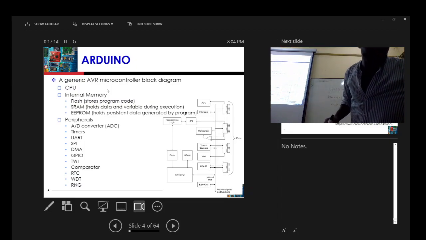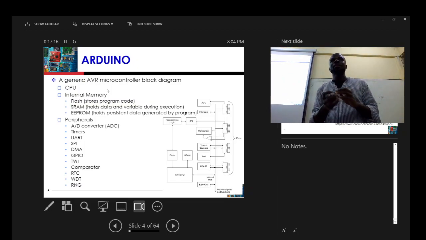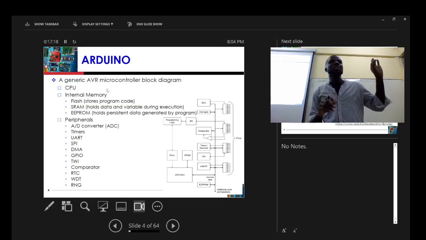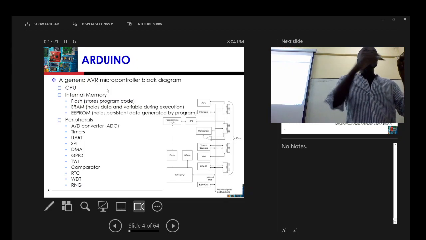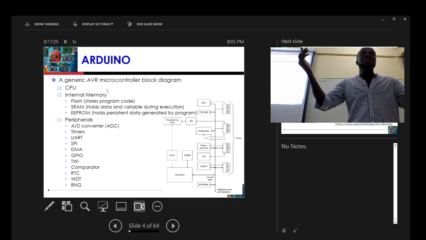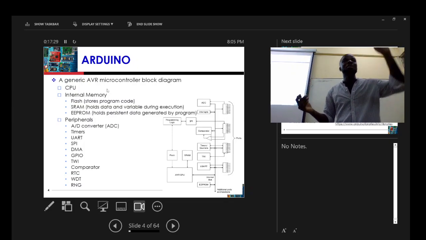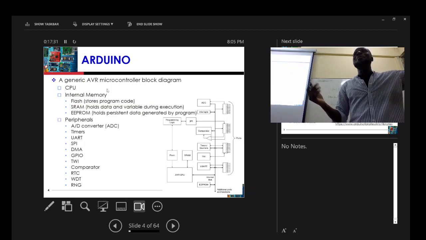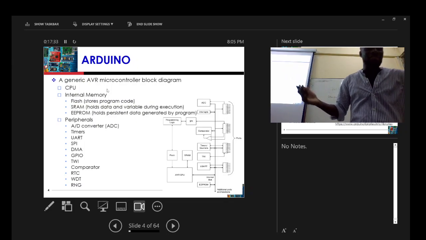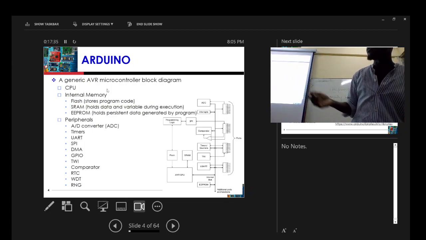It has a CPU, it has memory, and then it has an interface for you to give it data, and an interface for you to receive data. So this is a micro what? Yes, this is a microcontroller.